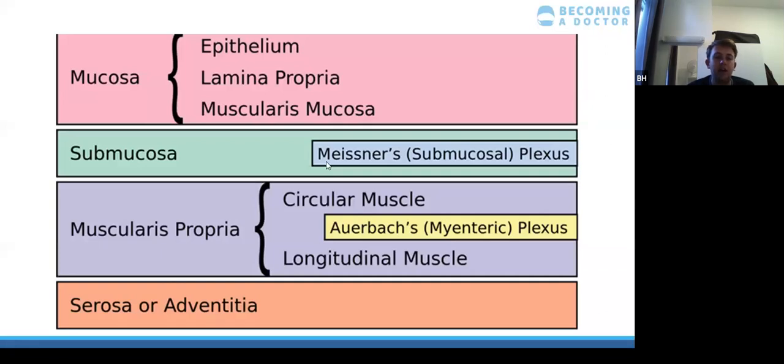While it's the absence of the myenteric plexus that's causing a lot of the pathology, because it's the muscle that doesn't relax, the Meissner's, the submucosal plexus, is also missing. And if the Meissner's plexus is missing, we can be pretty confident that the Auerbach's plexus is missing too.